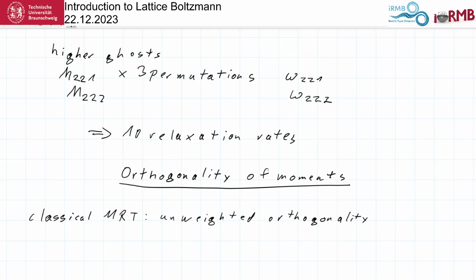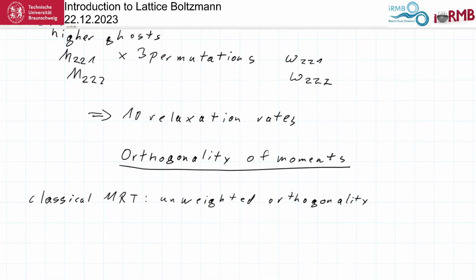So unweighted orthogonality means the following. I've already introduced this. So we're talking about a moment, say m phi, that is defined by a kernel function, phi ijk. There doesn't need to be bounds, so it could be for different lattices. This is why I don't write bounds here.